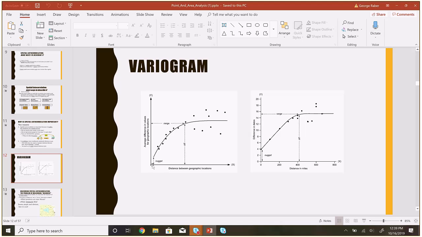Because if you think about it, let's say I'm looking at a variable like population density. Population density is kind of weird because it doesn't really exist, right? It's a measure of an area unit. So anyway, let's do a different example.